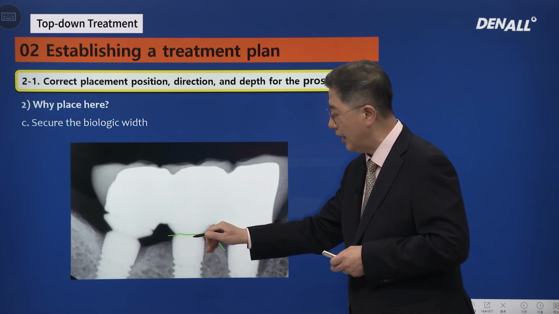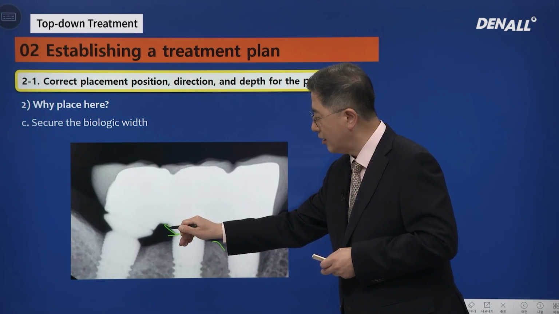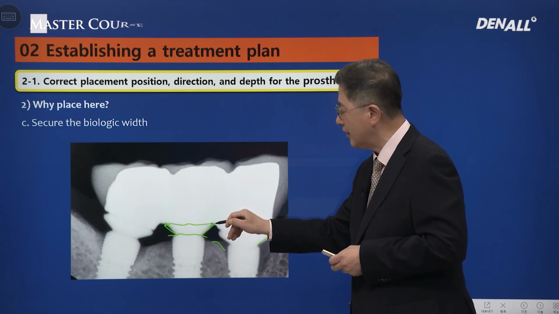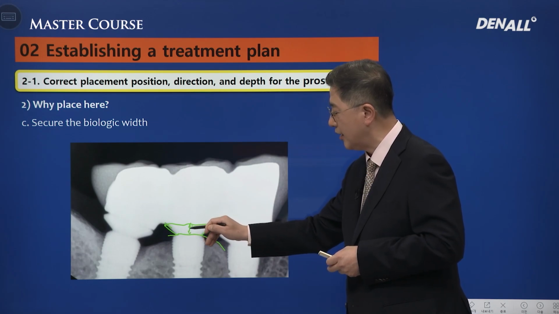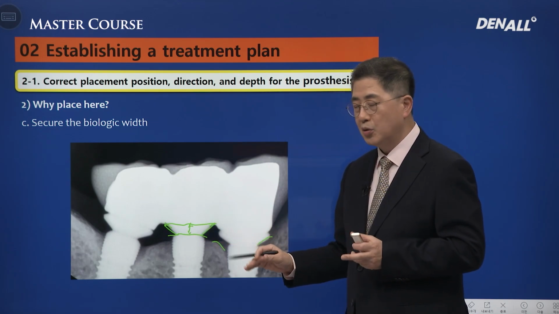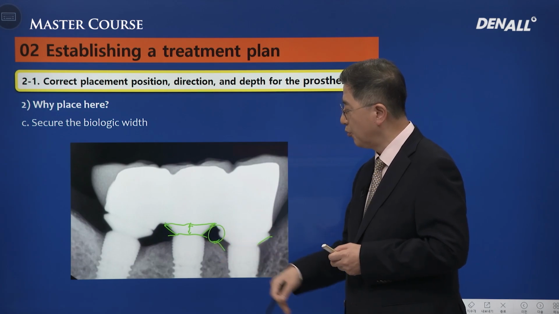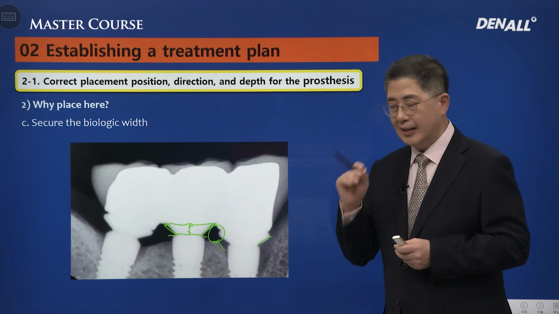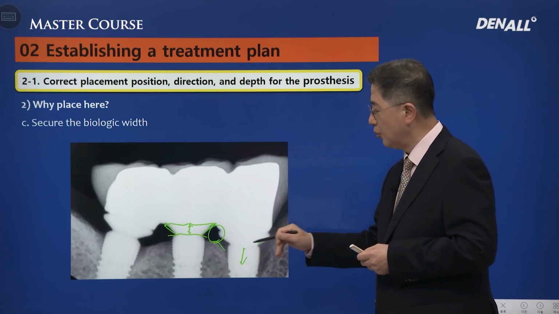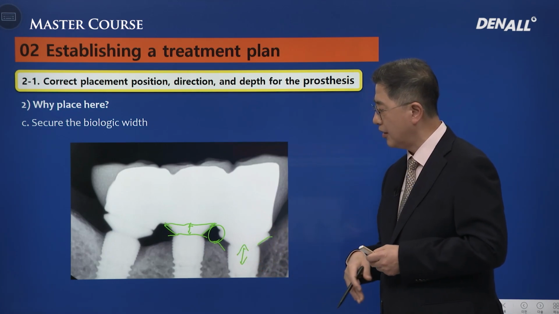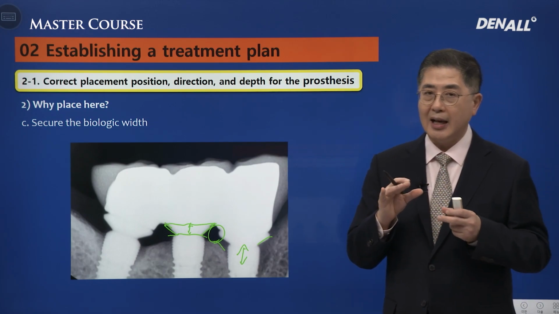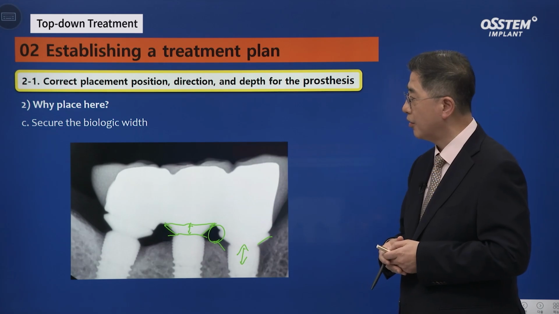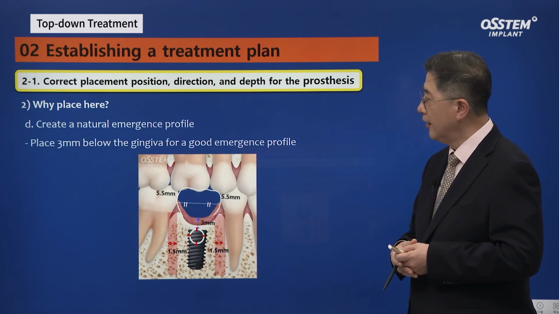This condition often results from implants placed too shallow, coupled with rapidly expanding emergence profile angle and low abutment cuffs, leading to complex complications such as peri-implantitis, which accompanies bone resorption and inflammation. The biggest problem is that if implant had been placed deeper, such problems could have been prevented. Most of the problems related to implant these days are associated with shallow placement. This is something that we need to take note of.